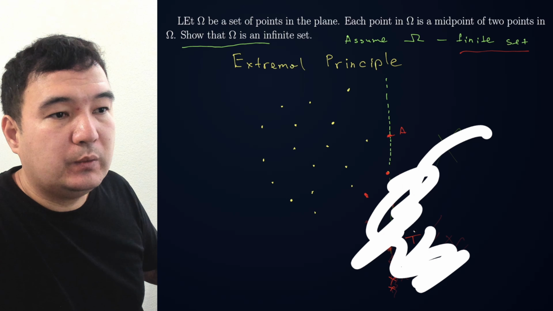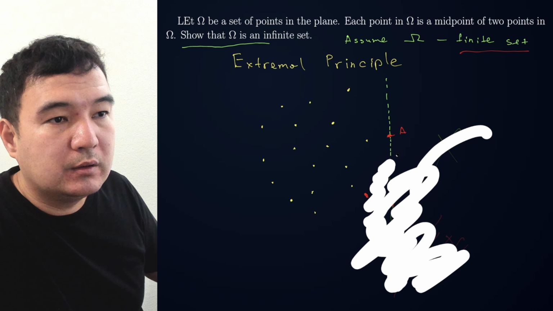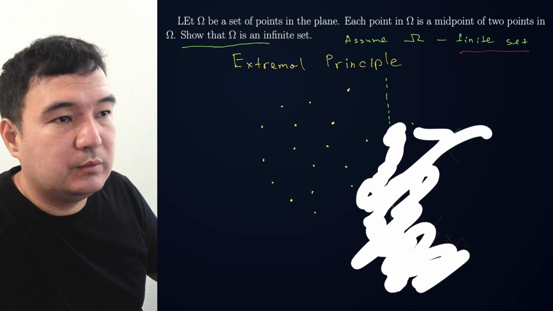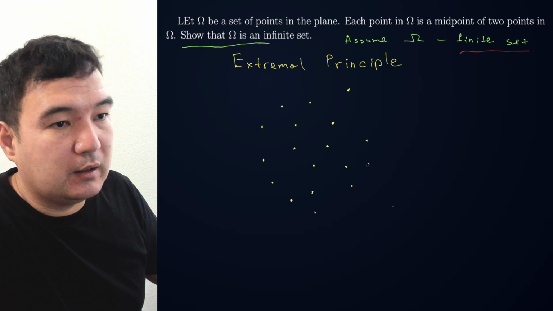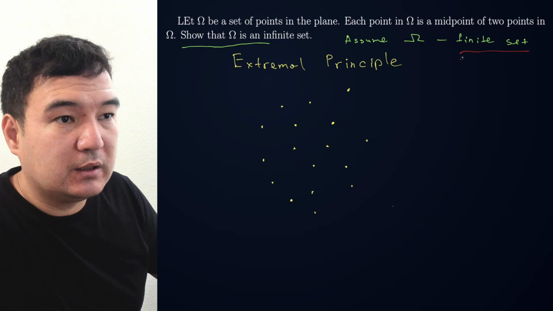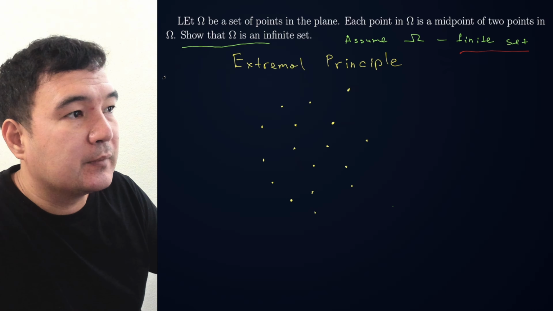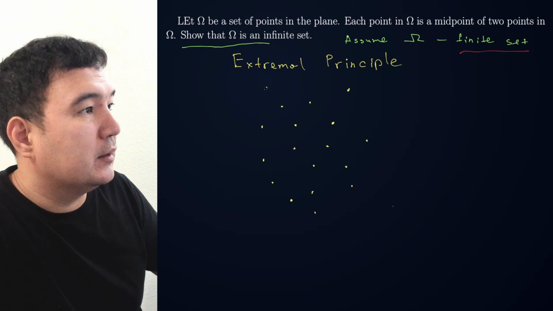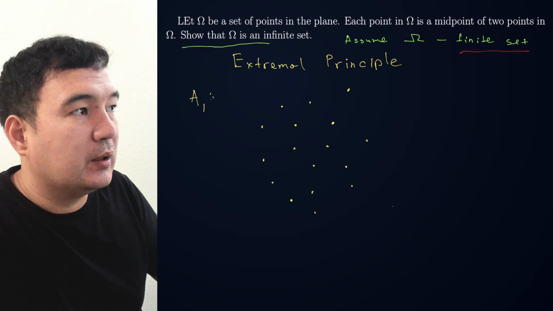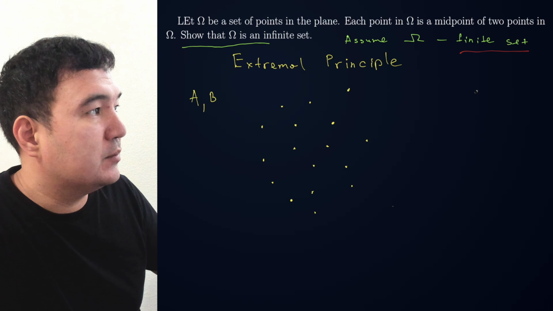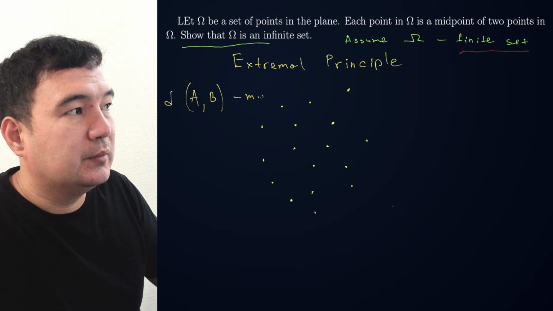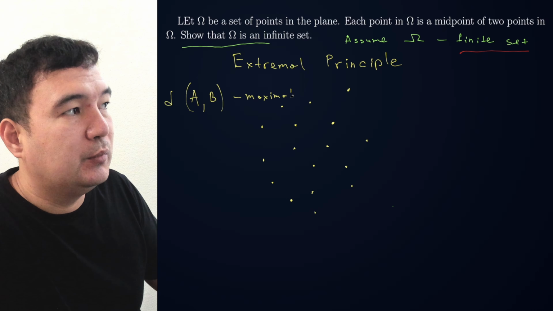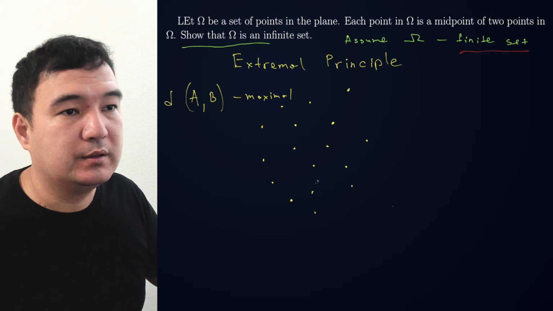So another way is to assume the following. Assume that omega is a finite set. Let's say we have 2 points, and the distance between these 2 points is maximum, the largest distance.